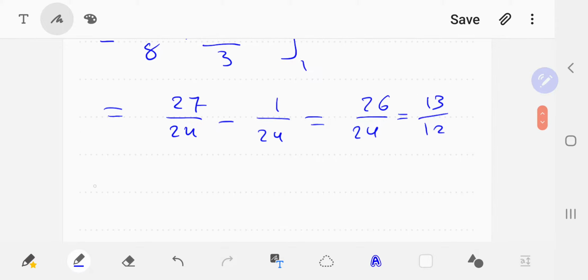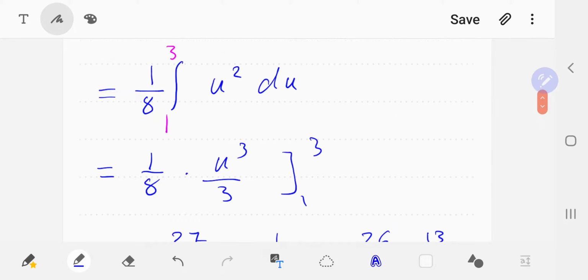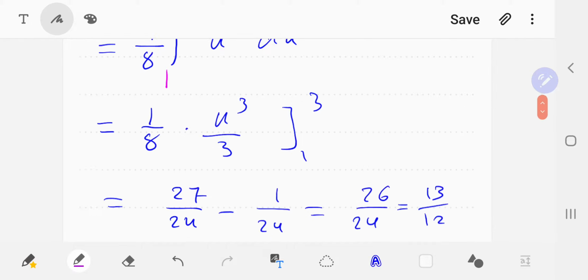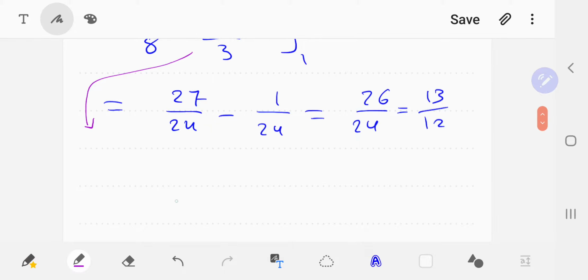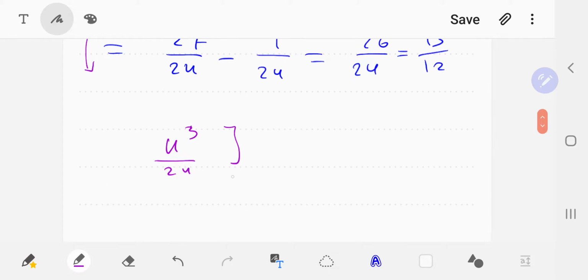So what's the other choice? The other choice is to move from this step after you finish substitution, so it will be u cubed over 24 from x equals 0 to x equals 1.